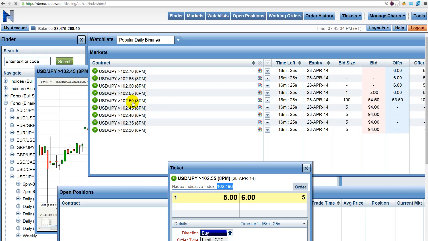Is it greater than the price? No. So it's out of the money. Because remember, when you're saying buy, you're saying that statement is going to be true at expiration. So right now, if the market didn't move at all, it would expire out of the money. It's an out of the money buy. But is it less than? Is 102.49 there less than 102.55?